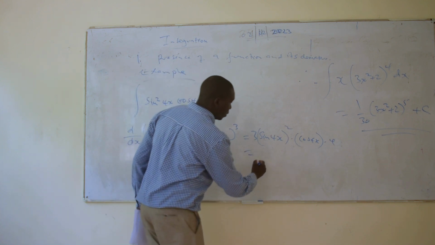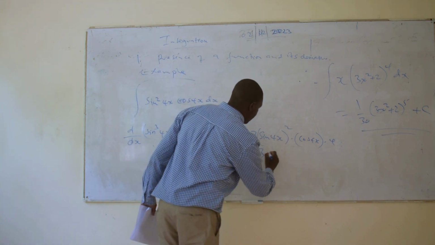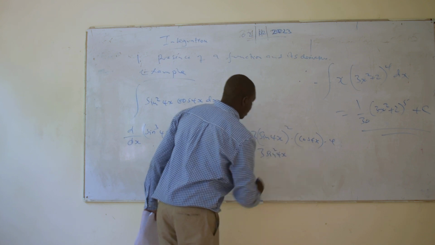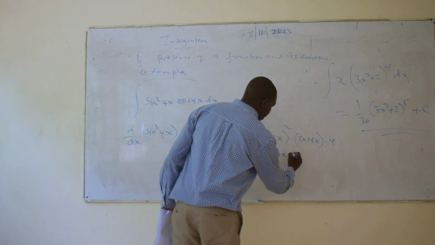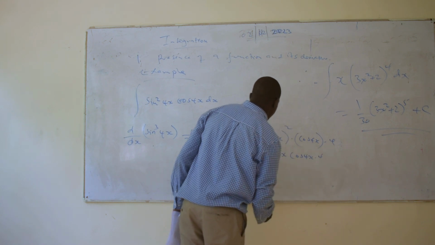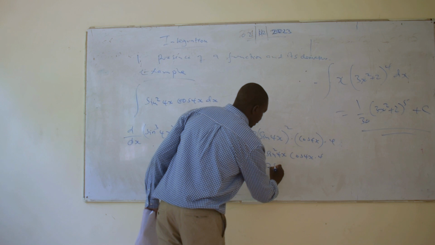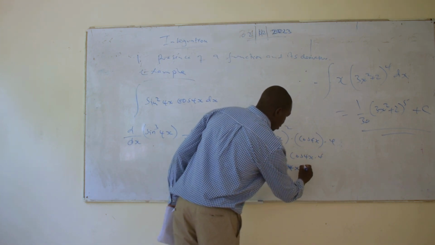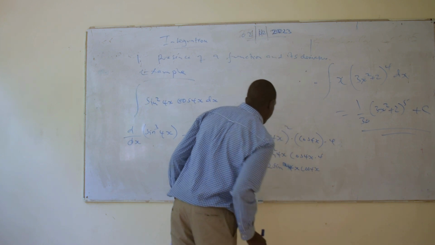This is equal to 12 sine squared 4x cos 4x.